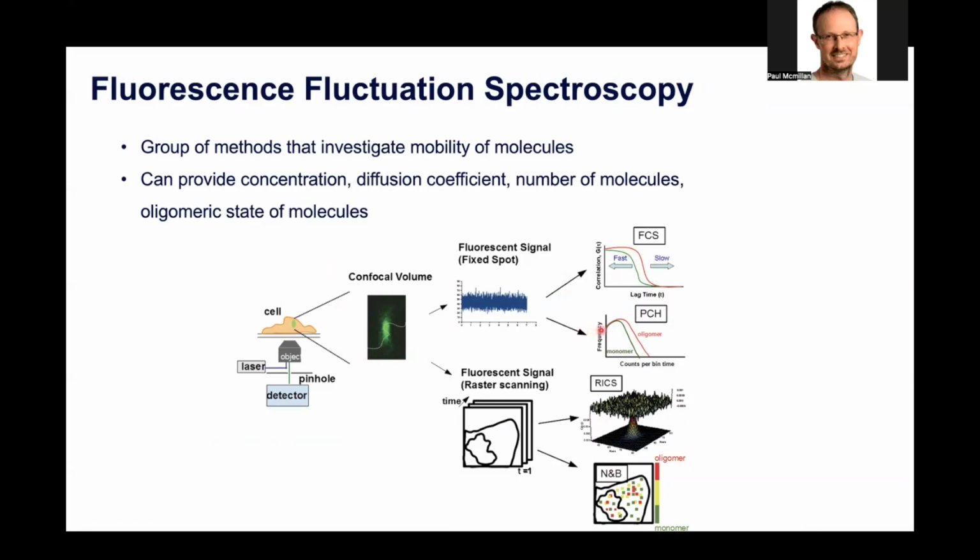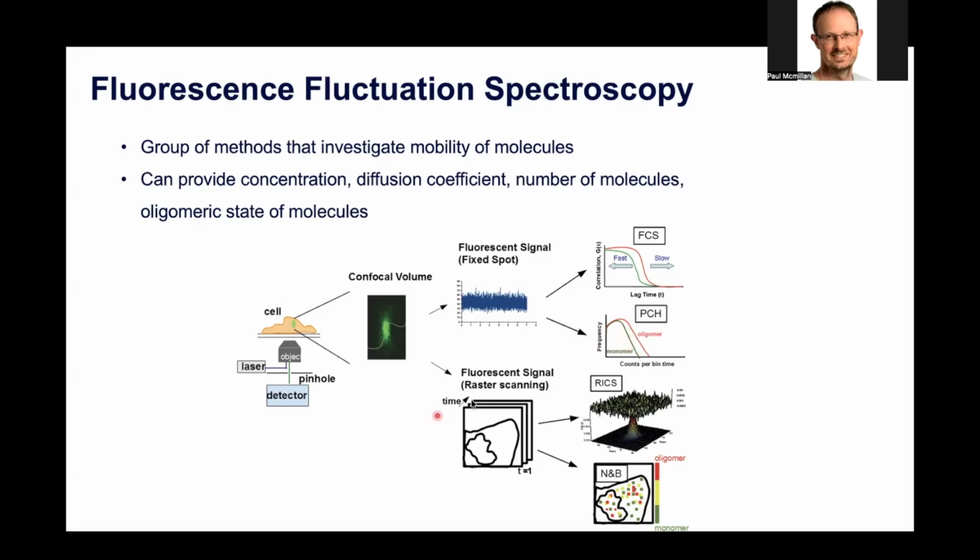What we're trying to do is measure the intensity within that volume over time. So as our molecules come in and out of that excitation volume, we will see the intensity go up. What we can do is then fit that curve to try and work out what the diffusion coefficients of the molecules are. Things like, are they oligomeric, monomeric, that type of thing.